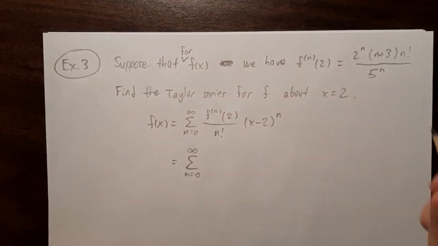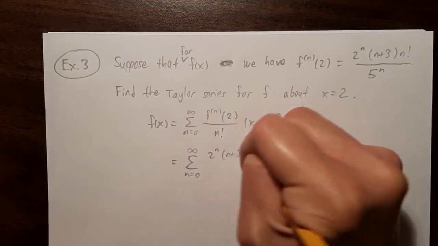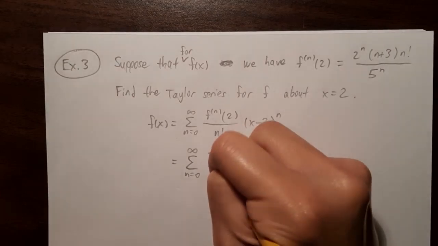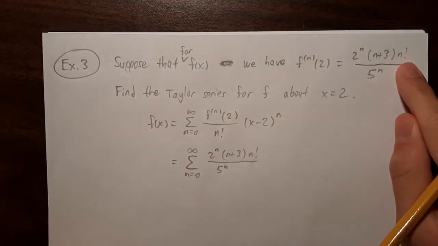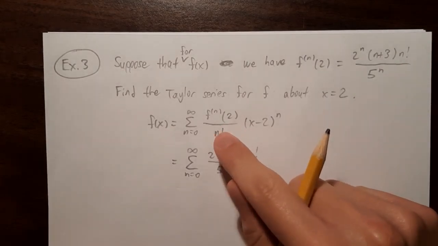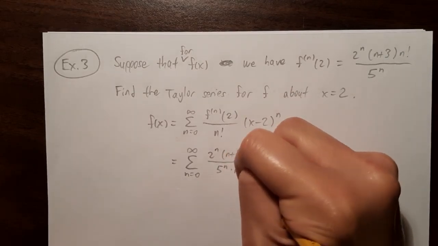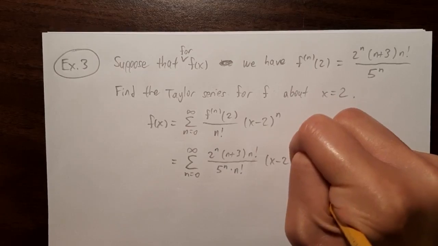The sum from n equals 0 to infinity of 2 to the n times n plus 3 times n factorial divided by 5 to the n. So that's this formula right here, but in context, it is divided by an additional factor of n factorial, so be careful not to forget that. And then we have x minus 2 to the n.